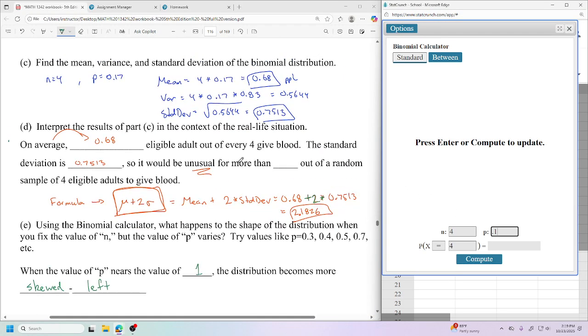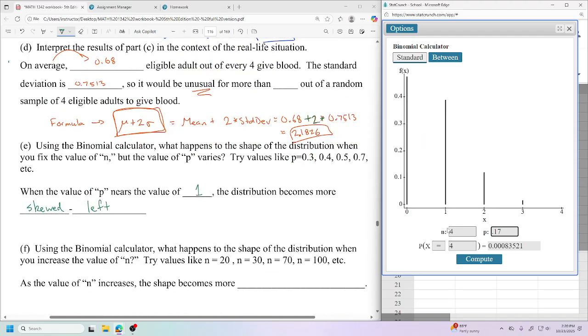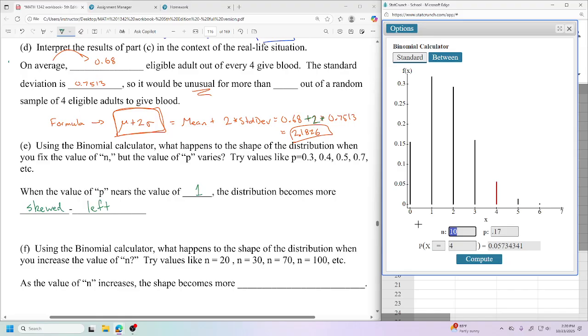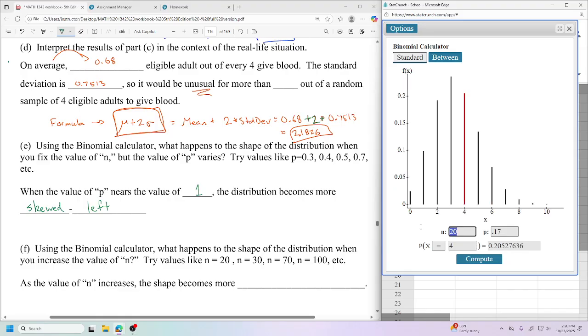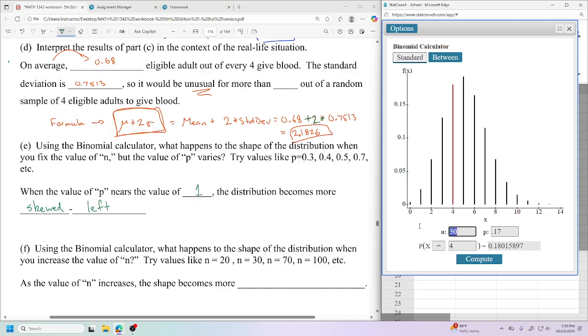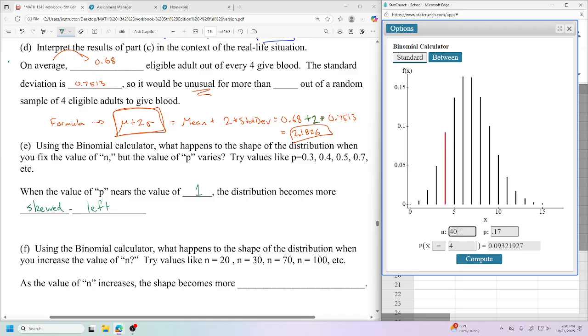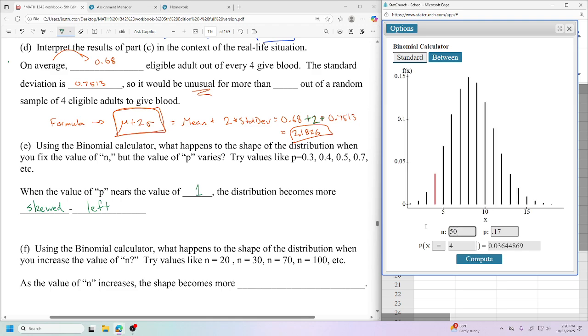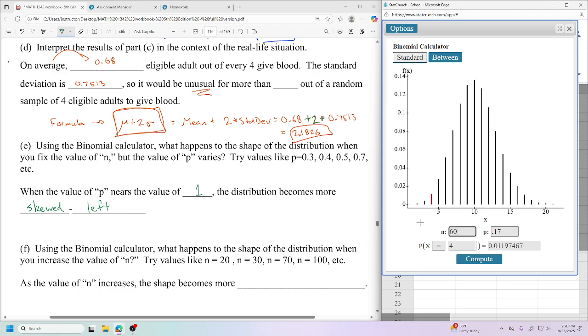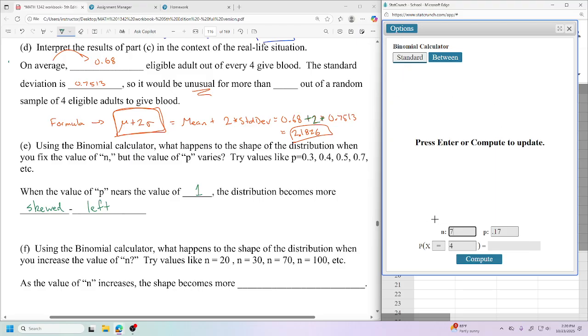What was my n anyways? 17? Okay. So now they're saying change it to 10, 20, 30, 40. What's happening to this curve? Yeah, it's changing, right?